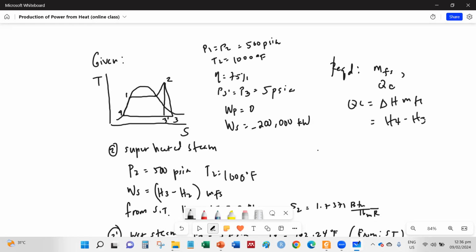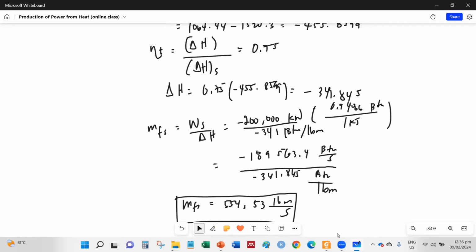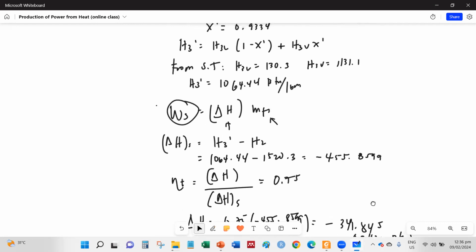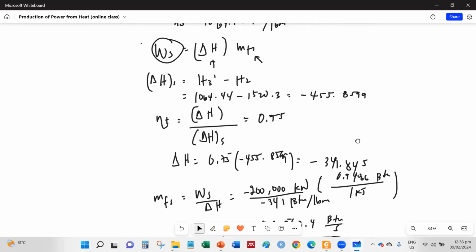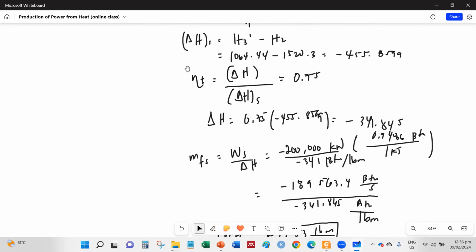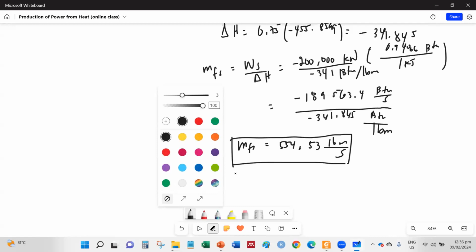Since we already calculated H3, our goal now is to look for H4. Diba? We have a value for H3. Nasaan yun? We don't have it yet, but we have the delta H actual. So simply, we can calculate for H3 from delta H actual.